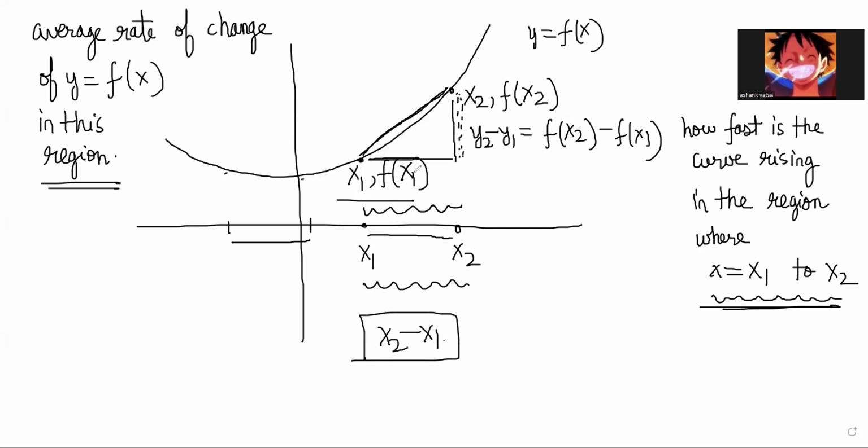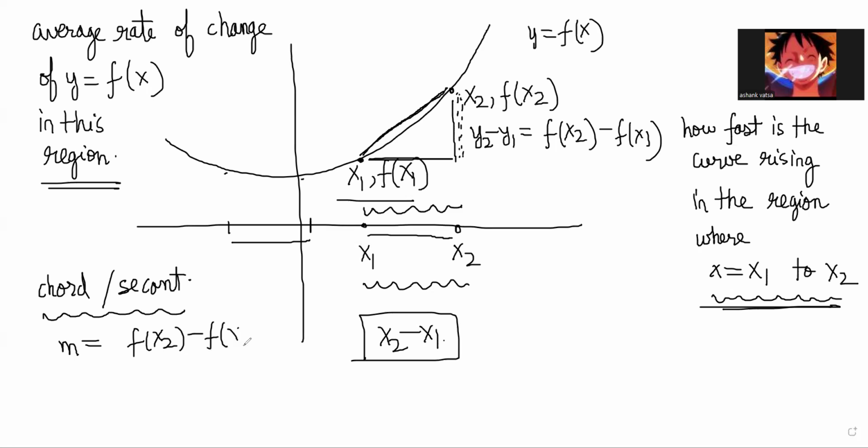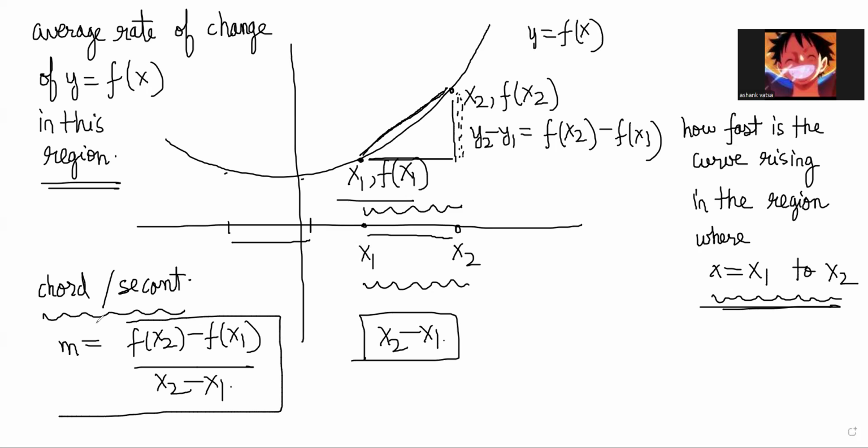So if you connect the 2 points on the curve with a chord, this line will be called a chord. It can also be called a secant line because it cuts 2 points on the curve, right? If you connect it with a line segment or a chord, the rate of change is the slope of that chord, which is f of x2 minus f of x1 by x2 minus x1, right?